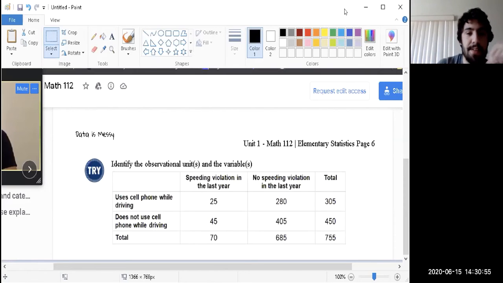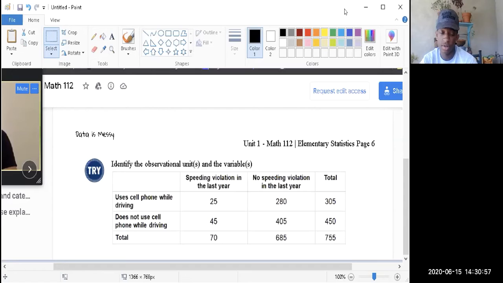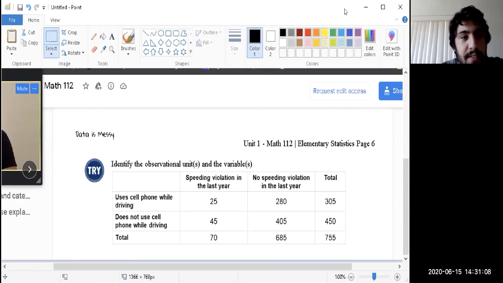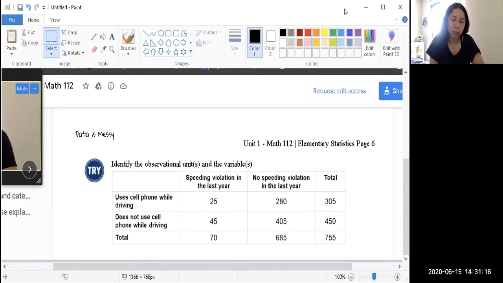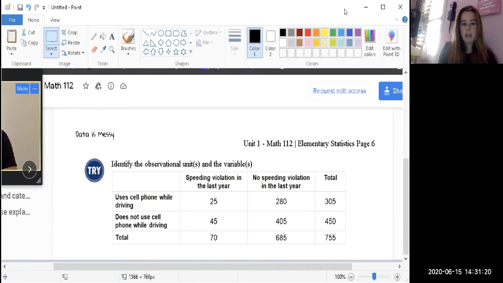Anybody? We're looking for the observational unit. It's kind of hard because there's a lot of information, so go ahead and take your time reading all the titles, and then you can figure it out from there. Or take a guess. Is the observational unit the drivers?